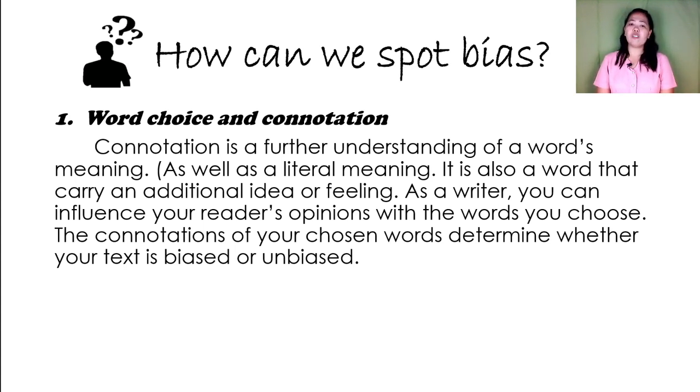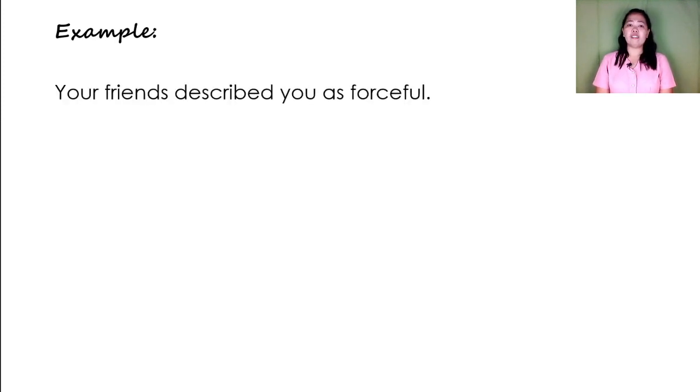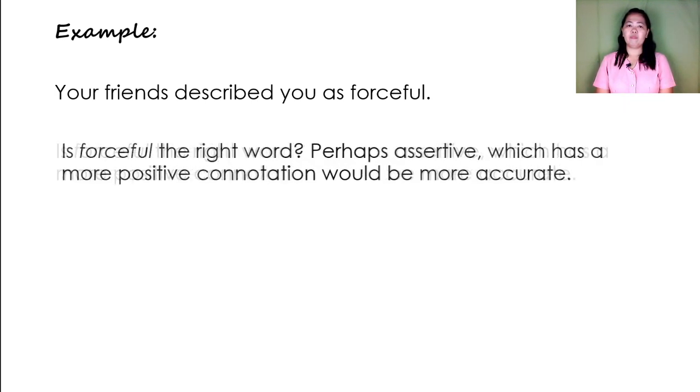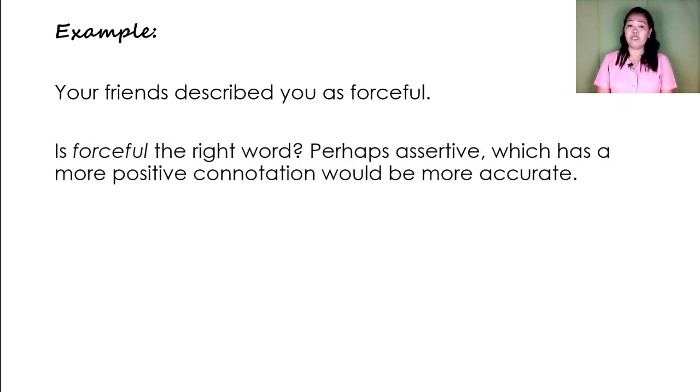The connotations of your chosen words determine whether your text is biased or unbiased. For example, your friends describe you as forceful. Is forceful the right word? Perhaps assertive, which has a more positive connotation, would be more accurate.